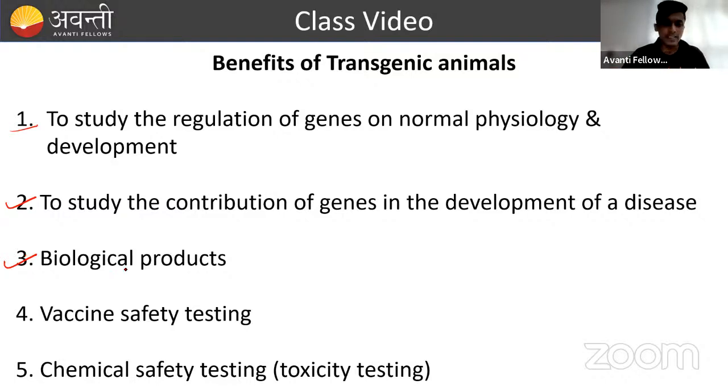Next is vaccine safety testing. Another problem that we face today is disease, right? Diseases spread and can create a tremendous amount of problems. If you take recent examples like COVID-19, you understood the rush for developing vaccines. Developing vaccines itself is a very sensitive process.